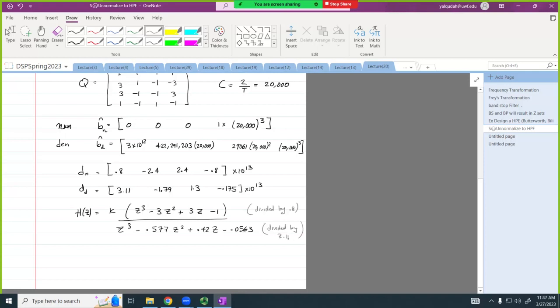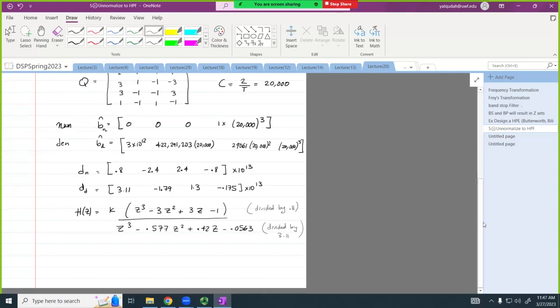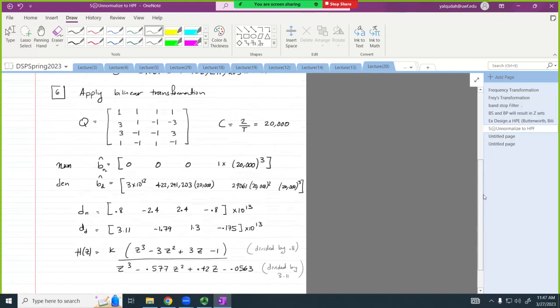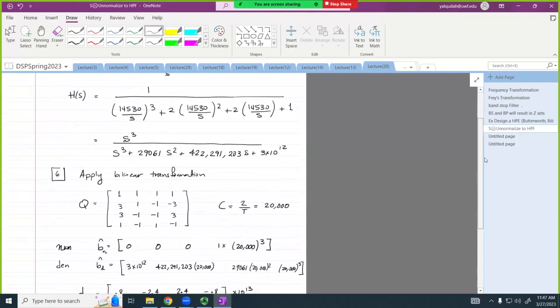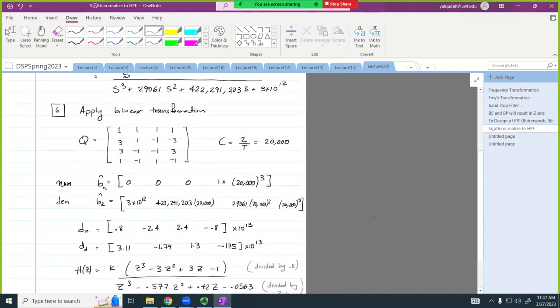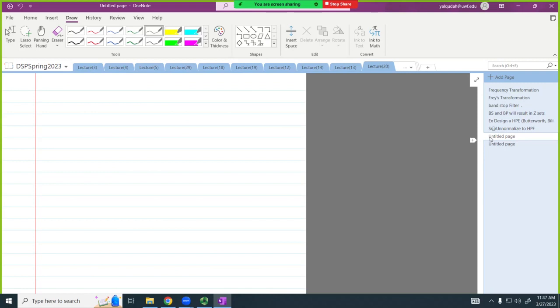Okay. What is the last step? To set the value of K. So to set the value of K, you set the gain equal to 1 at... step 7, sorry?